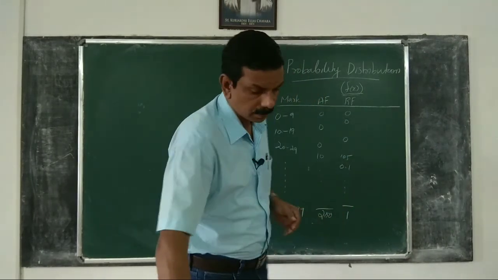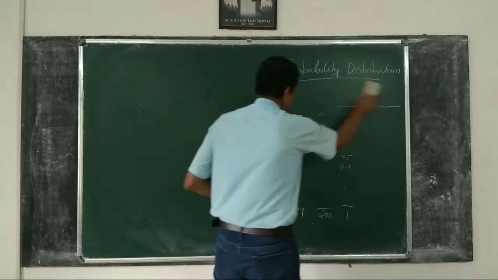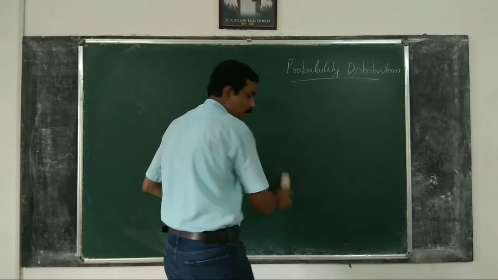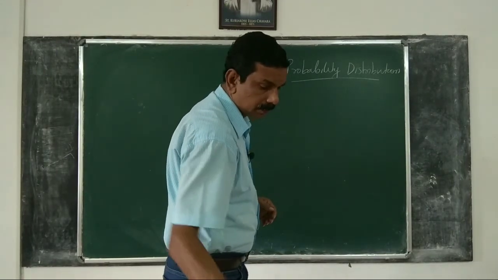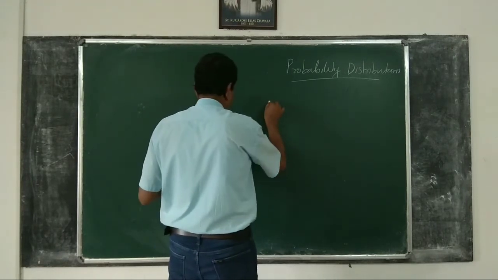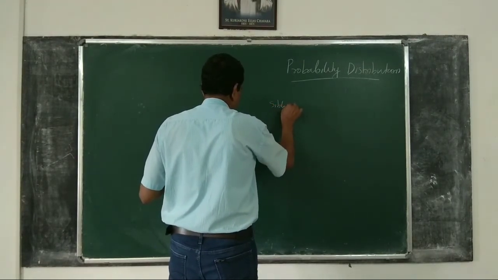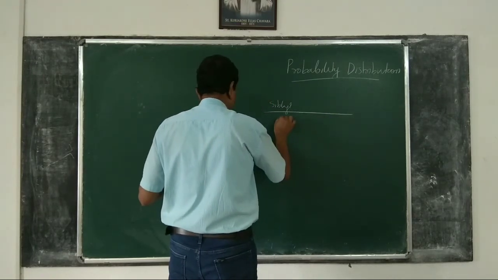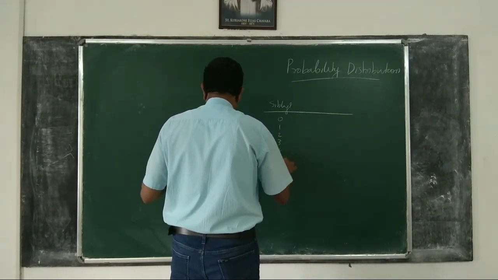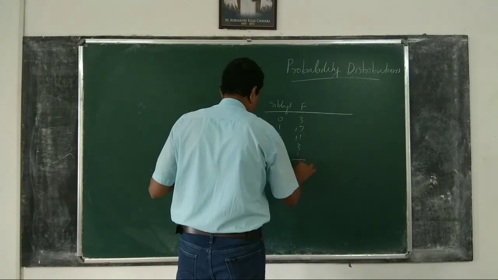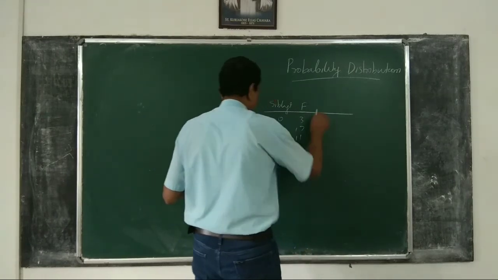Let us consider one more example, an example we have considered earlier. Number of siblings. It's a discrete random variable taking the values 0, 1, 2, 3, 4. Frequency is 3, 17, 11, 3, 1. 40 students in a class.